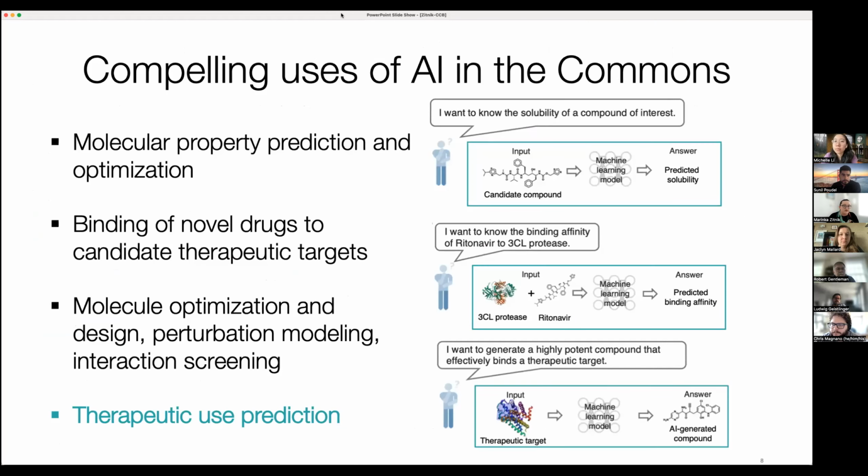And so we have seen over the last 2 years many uses of the commons for a variety of tasks throughout therapeutic discovery.